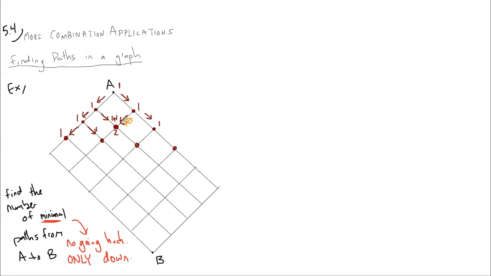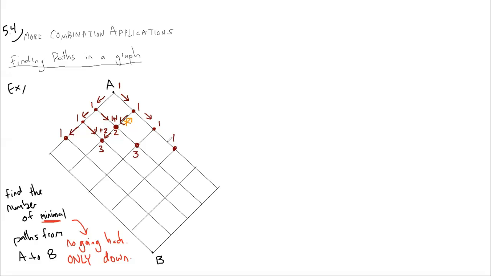I could go left, right, left, or right, left, left. So there are two possibilities there. What I'm doing is just adding the number of ways I could get to the previous two nodes, and that gives me the total number of paths that will get me to this point. So there are 3 here. Then the same pattern here, 2 + 1 is 3. And this one's just 1.